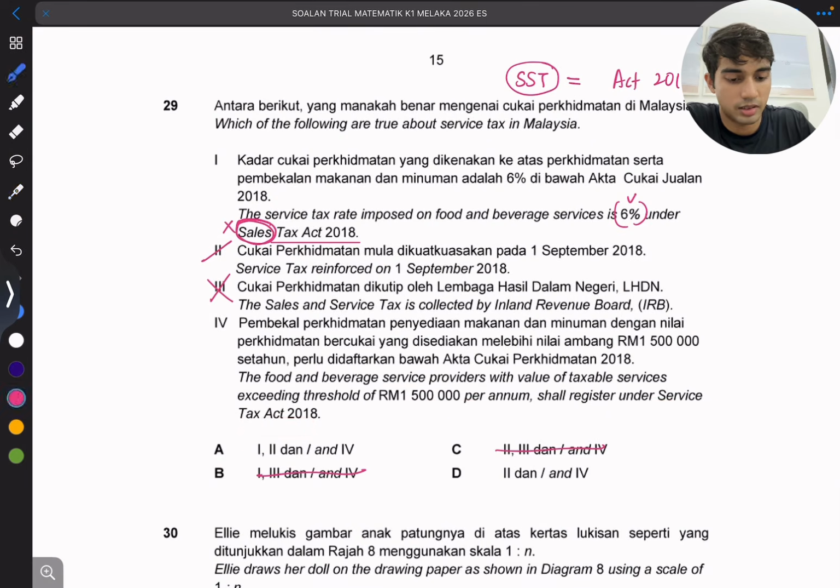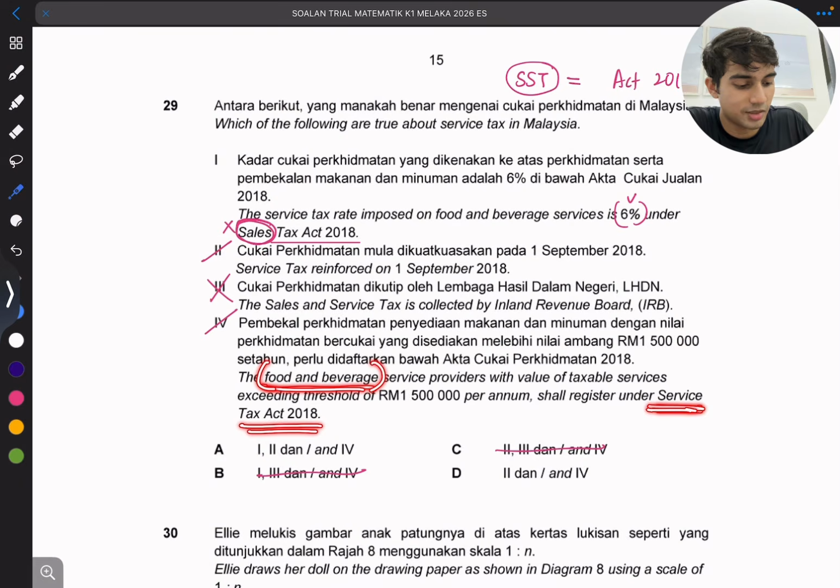Yes. Whichever food and beverage services, if you have like a kedai makan that exceeds the threshold of 1.5 million per annum, you sell so much food or beverages, you must register under service tax. That's correct.